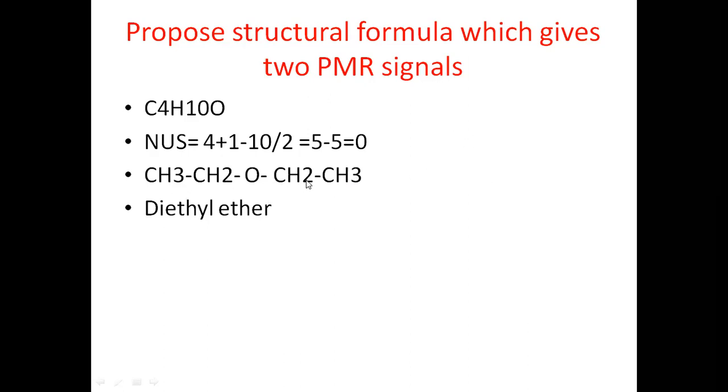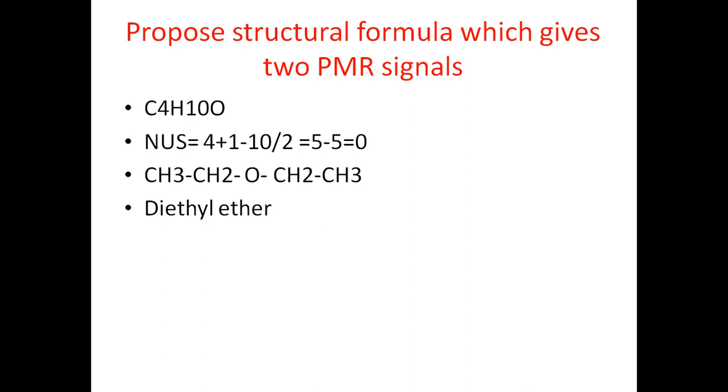Then the 4 hydrogen atoms will be a quartet. Are you getting it or not? No unsaturation, so 0. Centrally we take the oxygen atom, then CH2, CH2, CH3: diethyl ether.